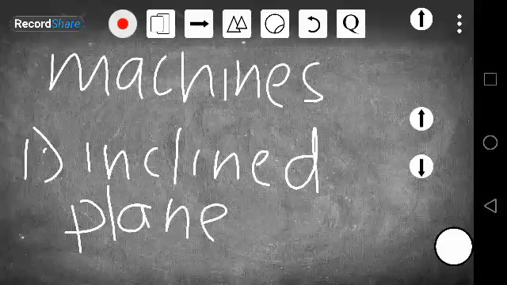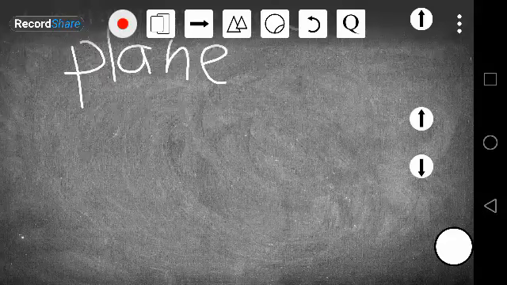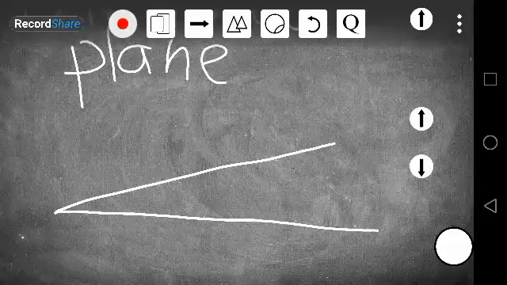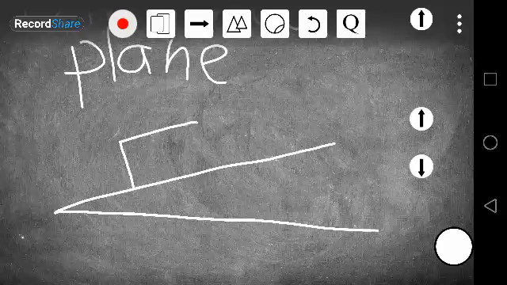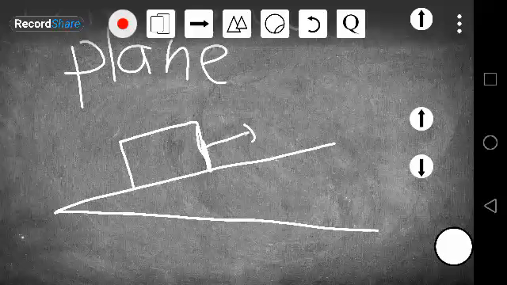Now, what is an inclined plane? An inclined plane is a steep slope like this, which is used to reduce effort when carrying a load. So if we push this block, we are actually lifting it at a certain angle theta.